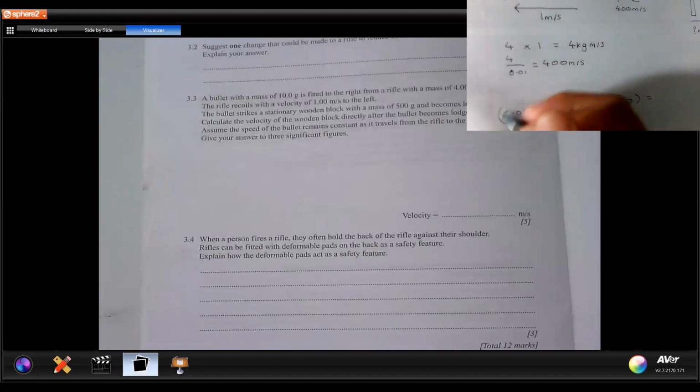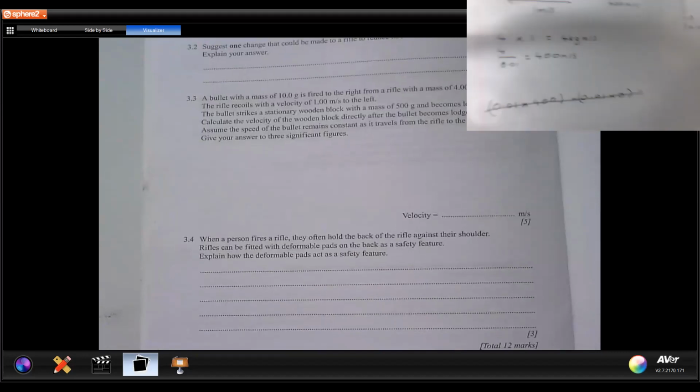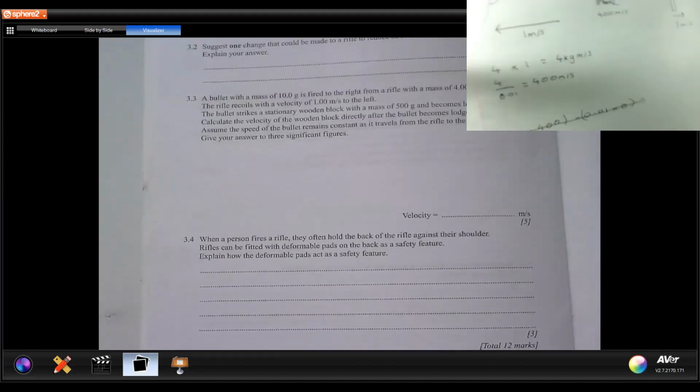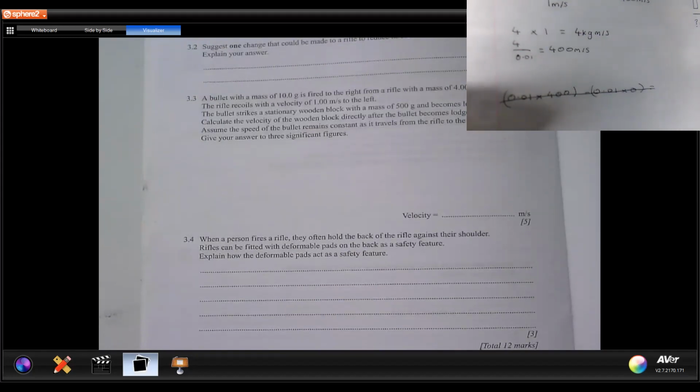I've done it the wrong way. Just think a little bit here, Jay. What you've now got is the velocity of the bullet and the mass of the bullet. Now it collides with a block. So when it collides, it's now going to move together.